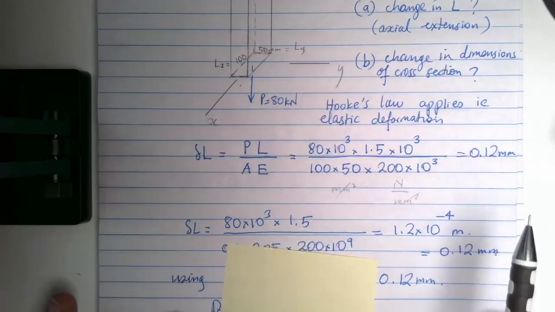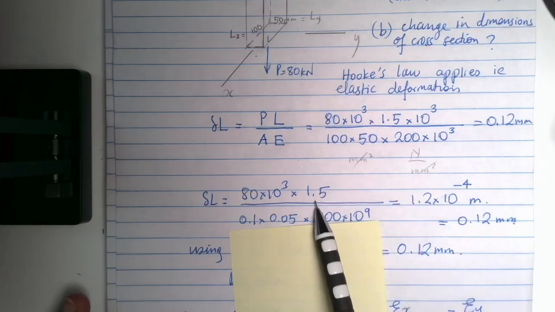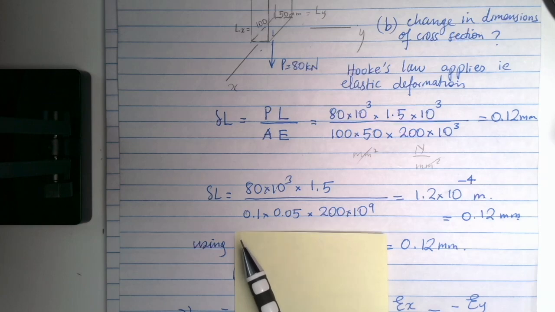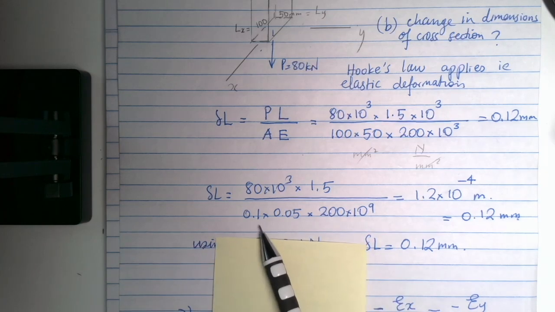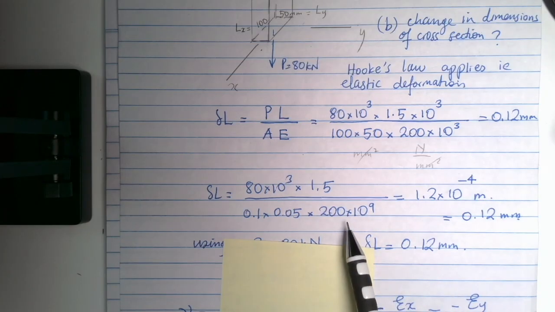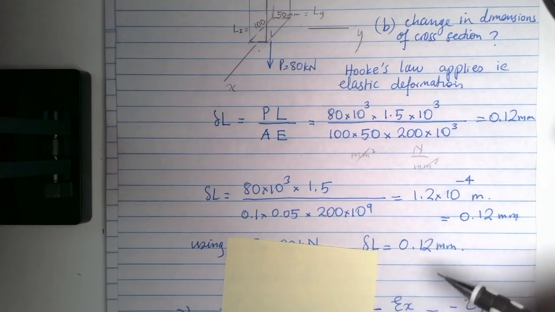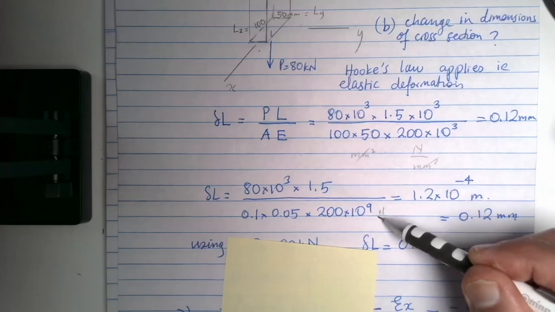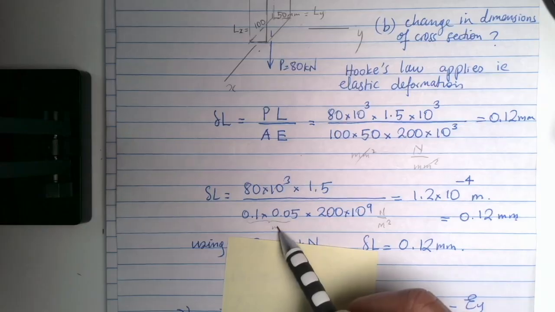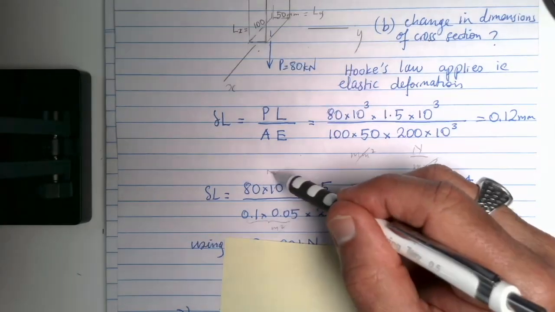Let's use meters for the same 80,000 newtons. Instead of millimeters, we use 1.5 meters as the length divided by the cross-sectional area, which is 0.1 by 0.05. But this time we have to express the modulus in pascals, which is newtons per meter square. And this is meters square, and they cancel out, and that is meters, and that is newtons.